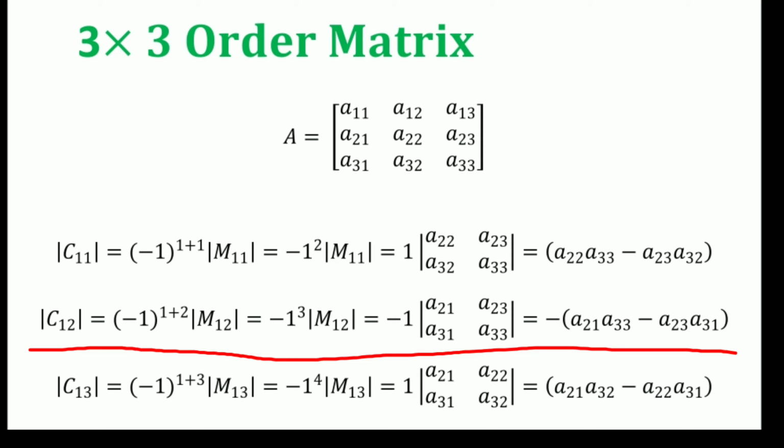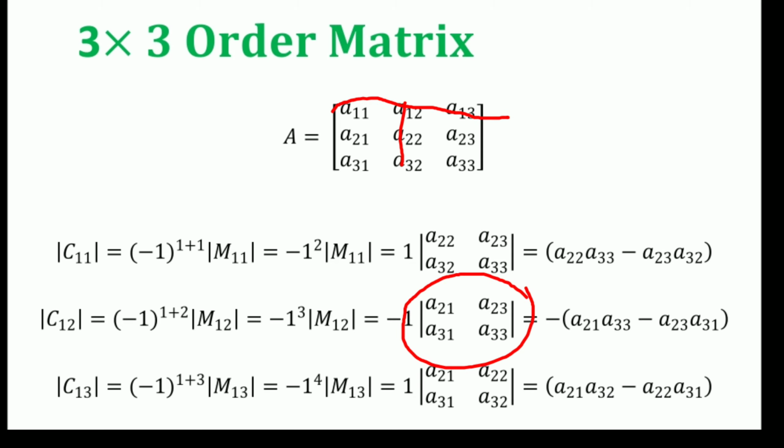Removing the row and column, we get the minor with A21, A23, A31, A33, which is equal to minus into A21 into A33 minus A23 into A31. In a similar way, we can find the other cofactors of this matrix also.